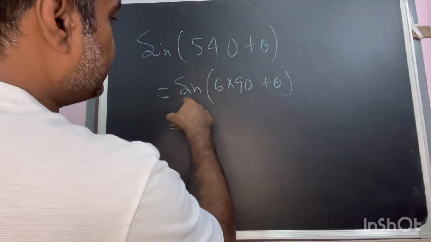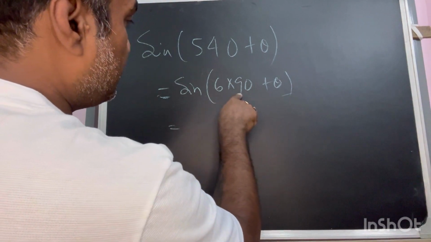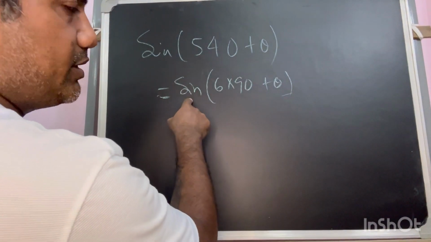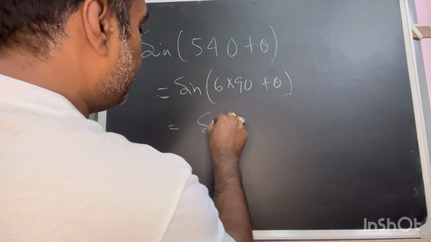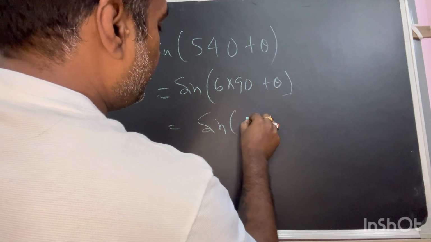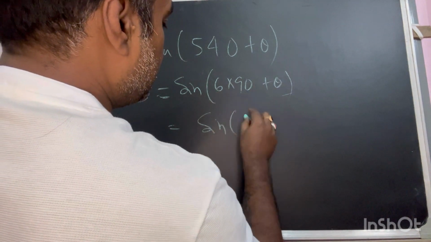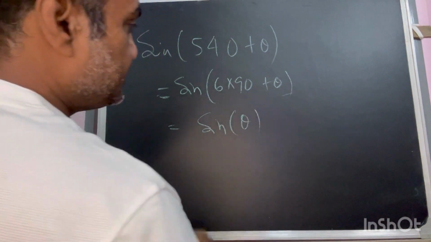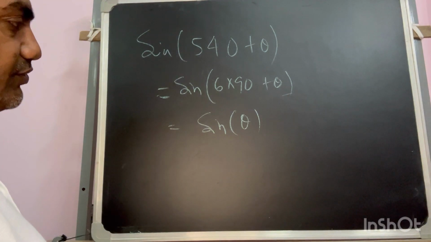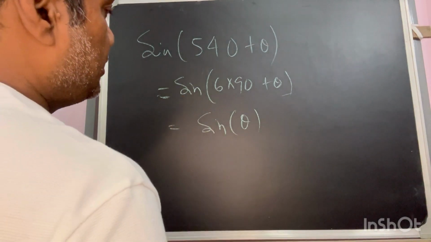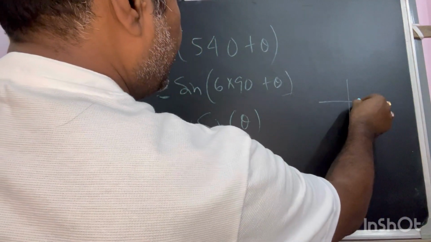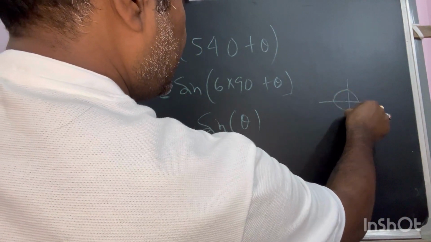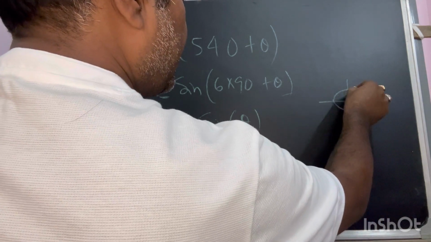So the 6 into 90, only this part will decide whether sine will remain sine or it will change. So now it is even. So straight away you write sine of theta, that will turn into sine of theta. Sine will be sine, but what will be the sign here? Now check it. 90, 90, 90, 90, 4 times 90.